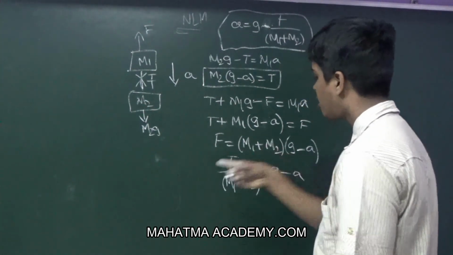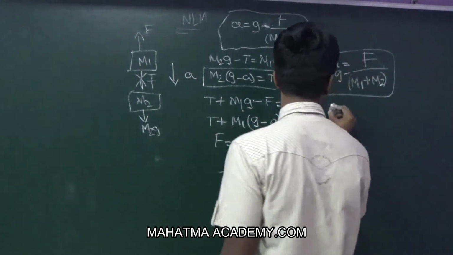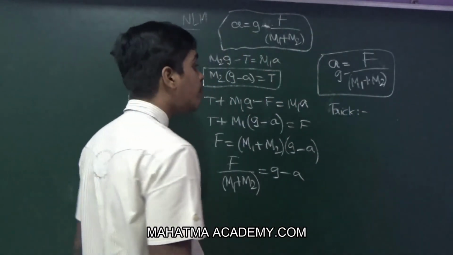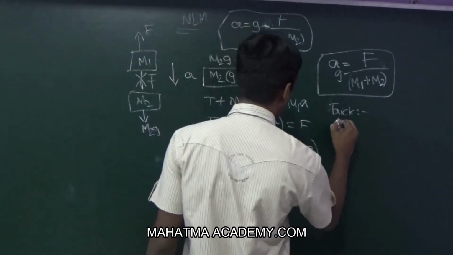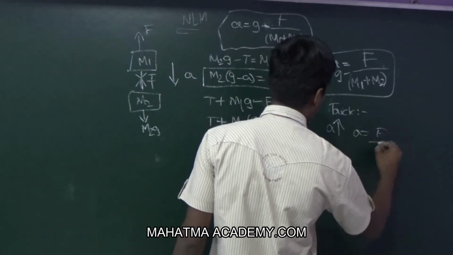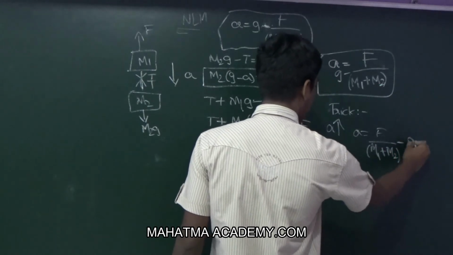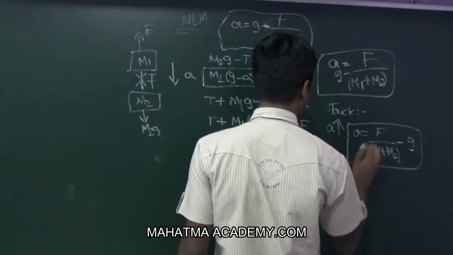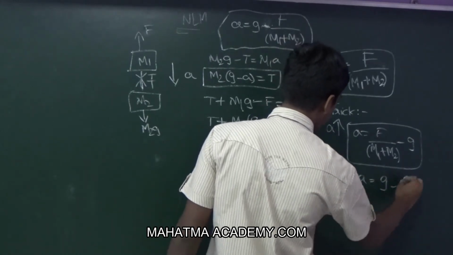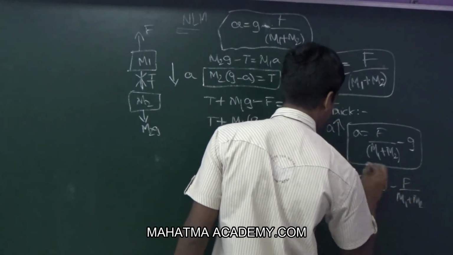The G will come here and acceleration will go here. And the trick is for both upwards and downwards. For A upwards, acceleration is equal to F upon m1 plus m2 minus G. For A downwards, the acceleration is equal to G minus F upon m1 plus m2.